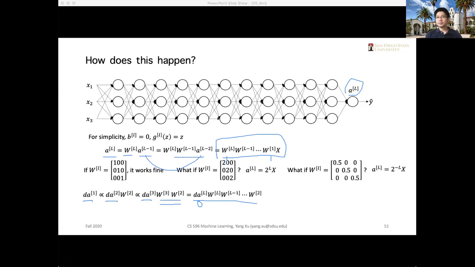I'm setting the weight matrices to identities because it's easier for the demo. When you multiply matrices with only non-zero diagonal elements, you get another identity matrix, which is just for simplicity.